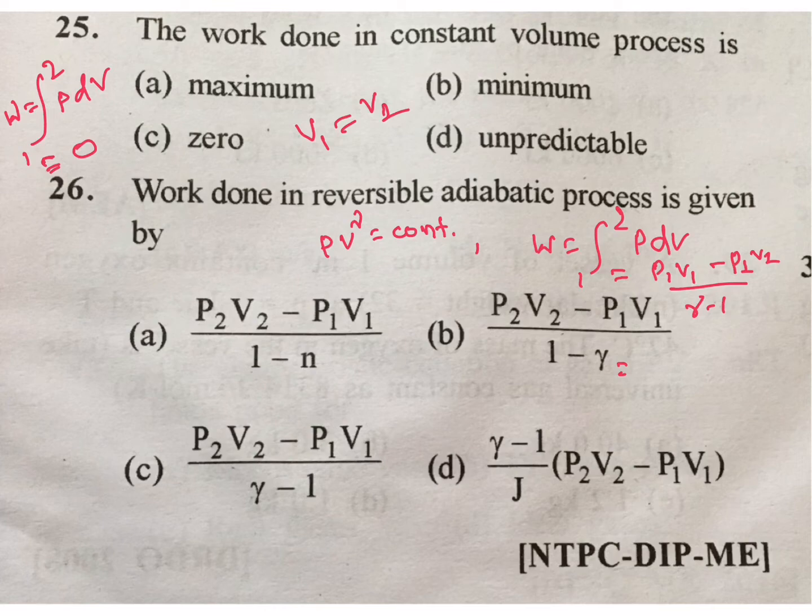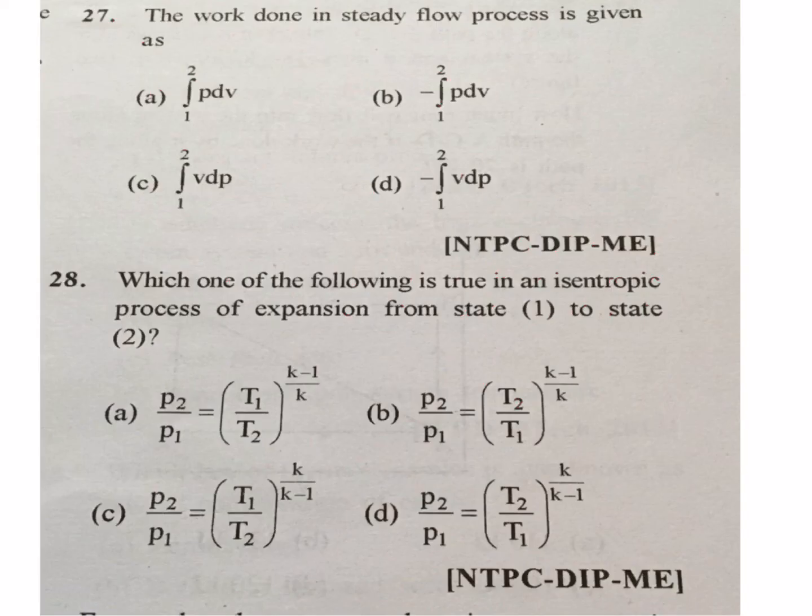But here all options are in terms of P2 V2 minus P1 V1, so it will come like this: (P2 V2 minus P1 V1) divided by (1 minus gamma). From options, B is your correct answer.